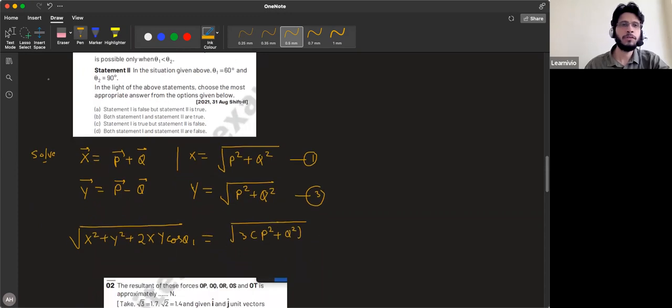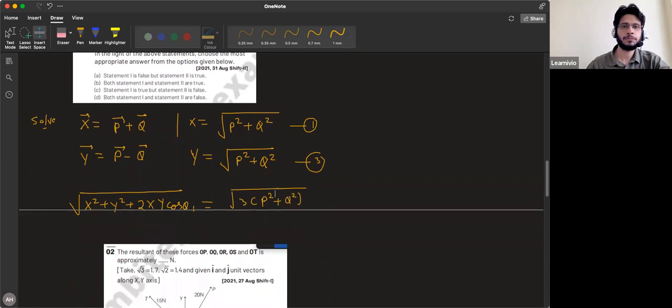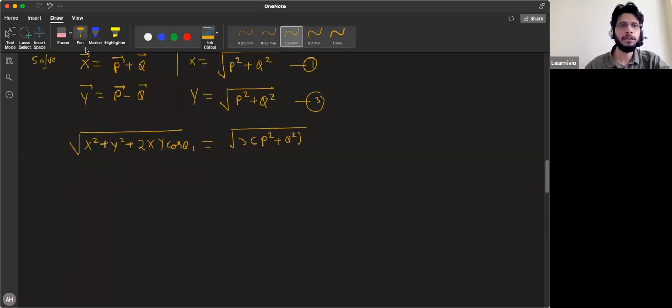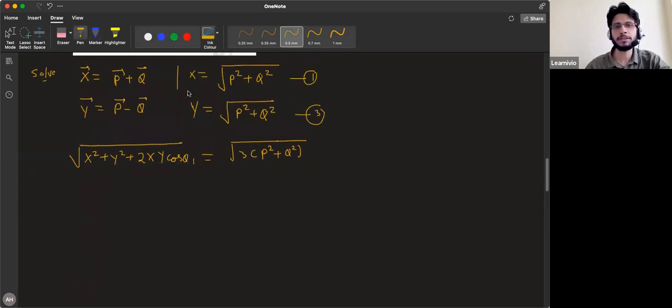Now let's substitute the values. I need more space. I need values. How much is X? See, it is root over P square plus Q square. So let's take square on both the sides and remove this root. So we have X square, we have Y square, we have twice of XY cos θ1. And we have 3.